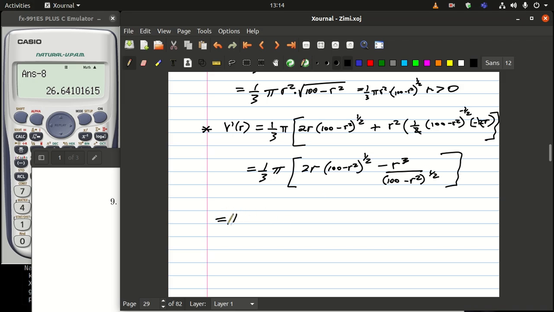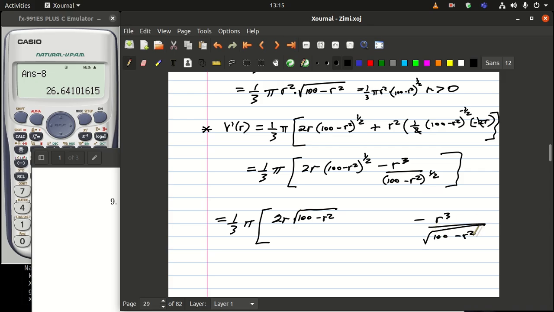And then let's simplify. 1 over 3 pi, and then inside here we'll end up having something very interesting. We'll have 2r times the square root of 100 minus r squared, and then minus r cubed divided by the square root of 100 minus r squared.